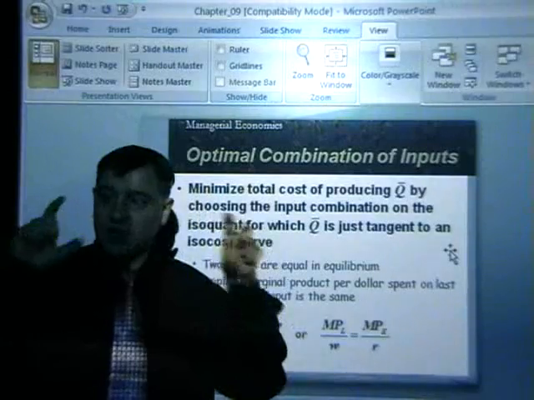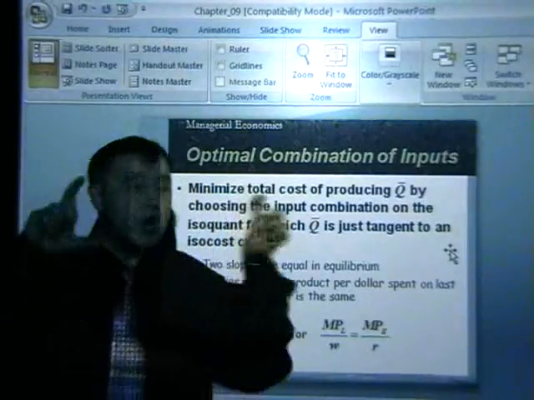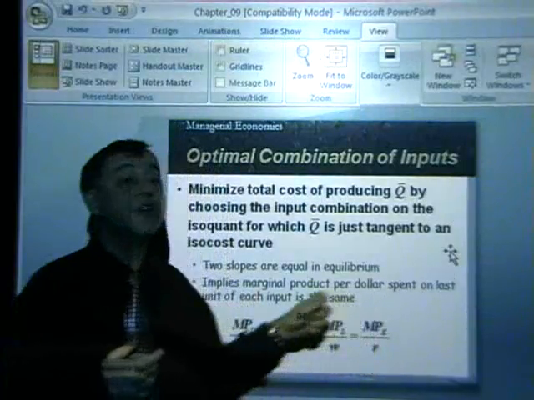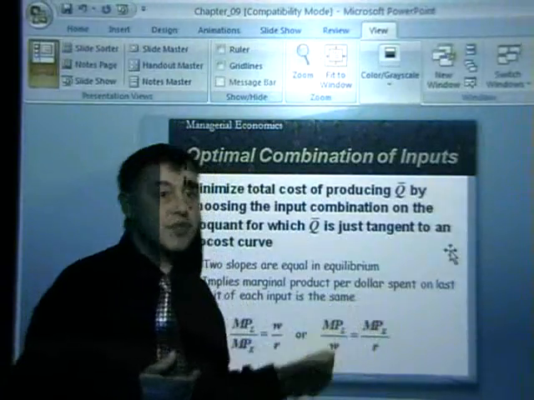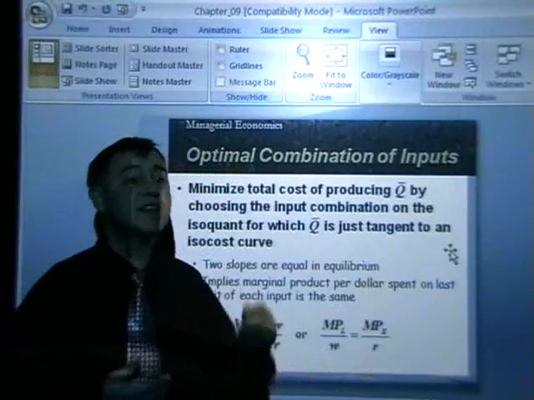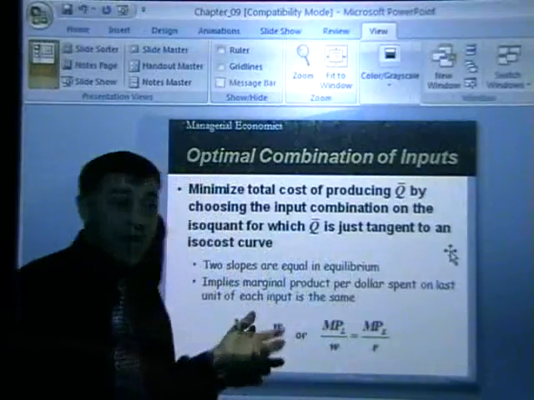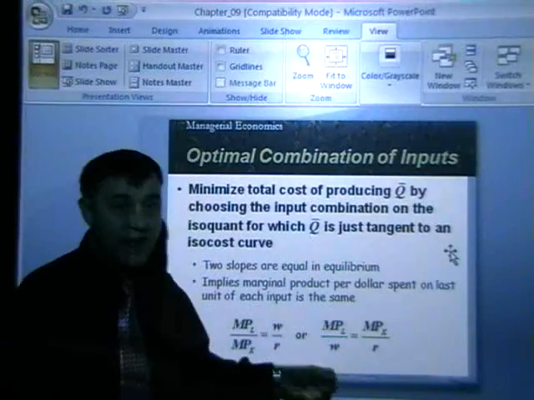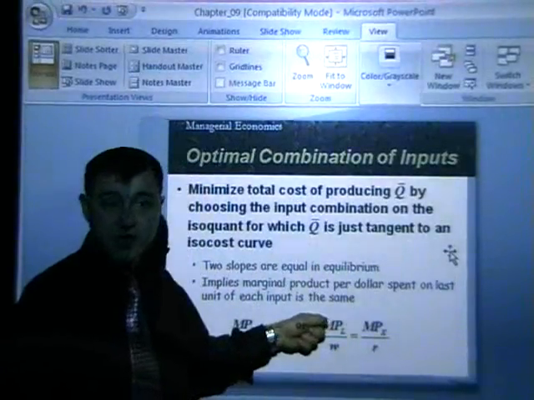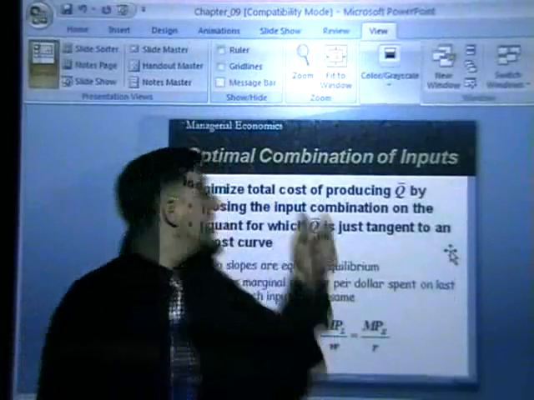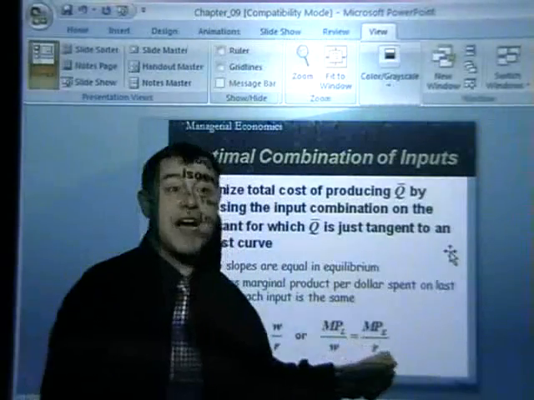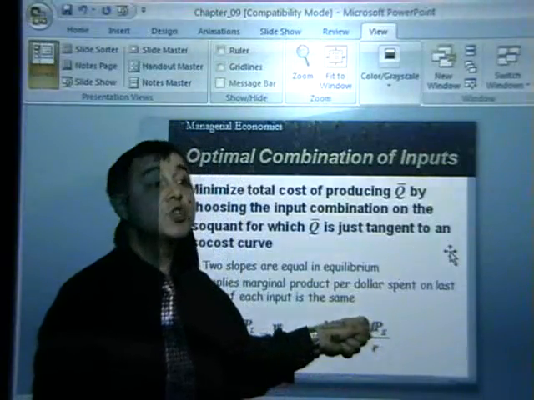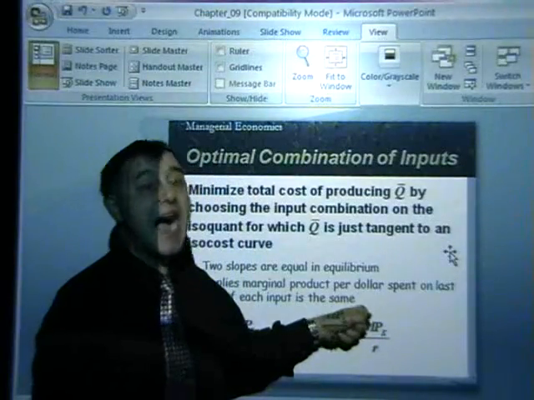So, when you're considering it per dollar spent, the marginal productivity of each production factor must be the same. For example, if putting in an extra worker, you get for $1, you get $2 of extra product, it must be at optimality that by using $1 more on machines, you're going to be getting $2 more in output.